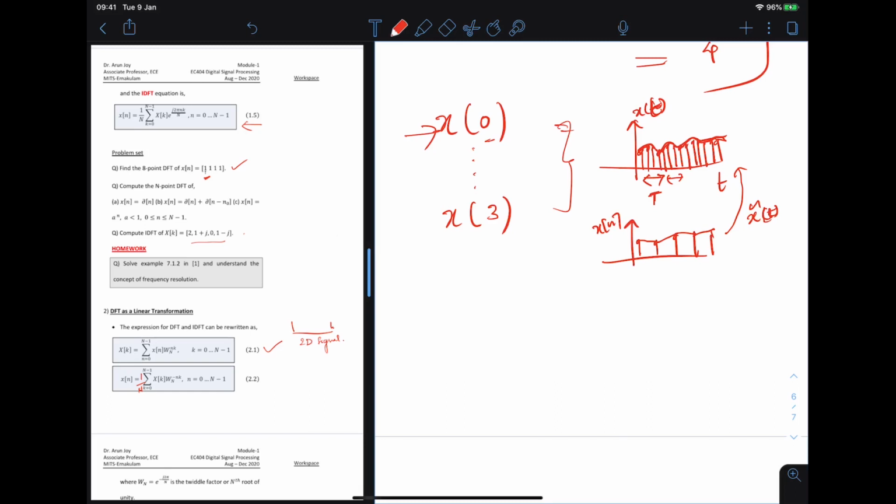That means that particular discrete signal has more resolution. Signals with more samples per unit time, where the sampling rate is high, are called signals with high resolution. That concept is the same as what you see in image processing.